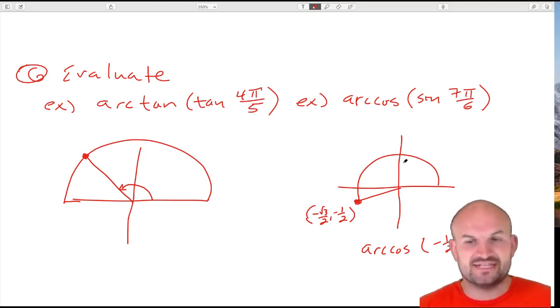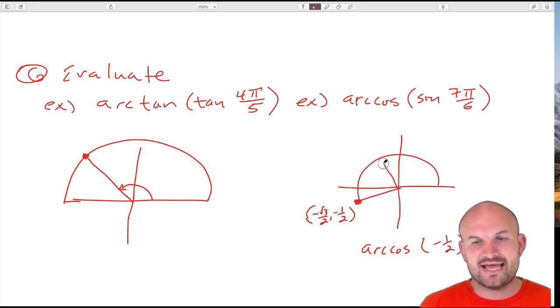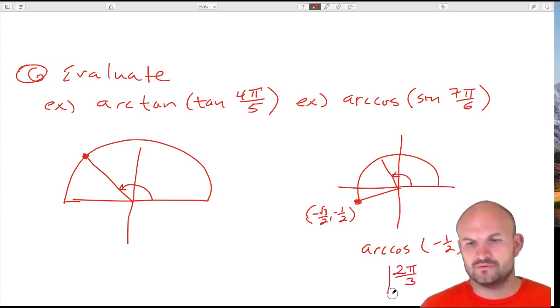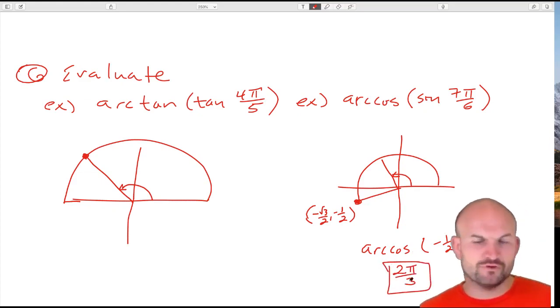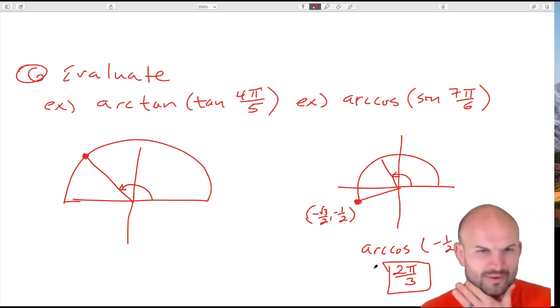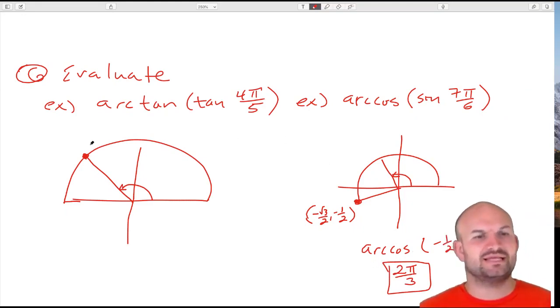Since it's negative, it needs to be in the second quadrant. And the angle would be 2 pi over 3. If you graph 2 pi over 3, the x coordinate is going to be negative 1/2.